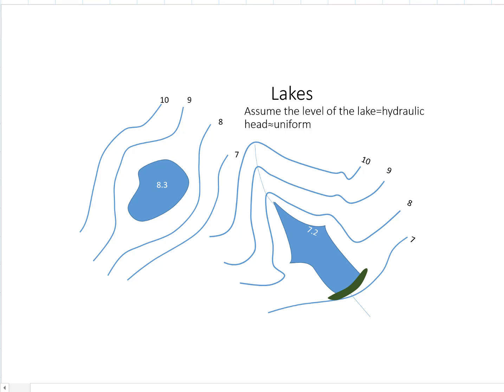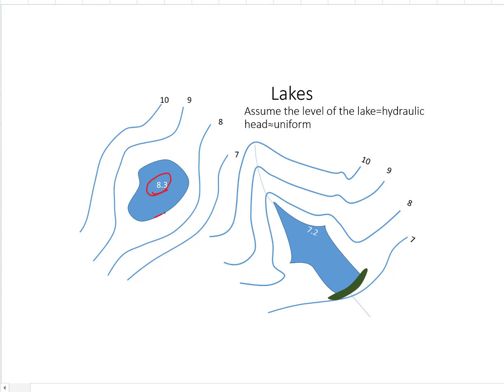So lakes will also have characteristic patterns of groundwater head contours around them. This is a lake where the stage of the lake is 8.3. And we'll just assume that the lake, for our purposes, is at the same head, so that the lake is level.